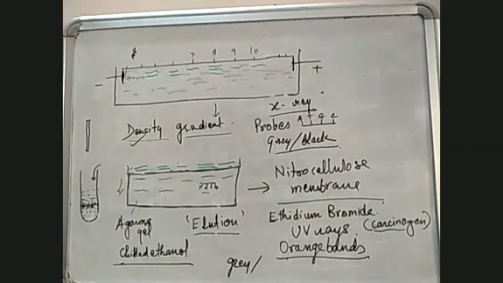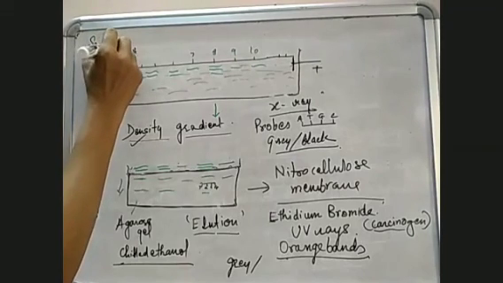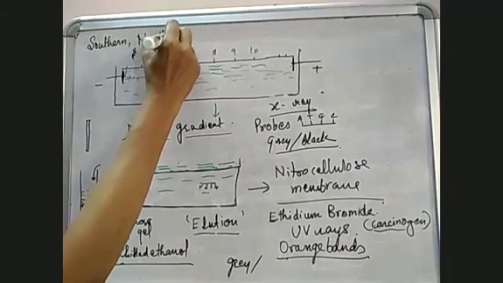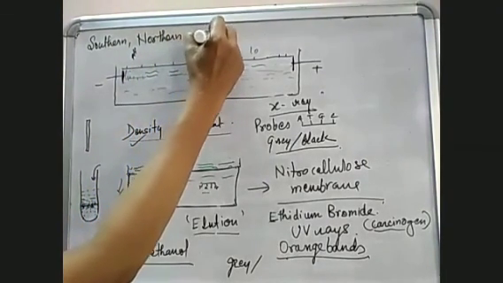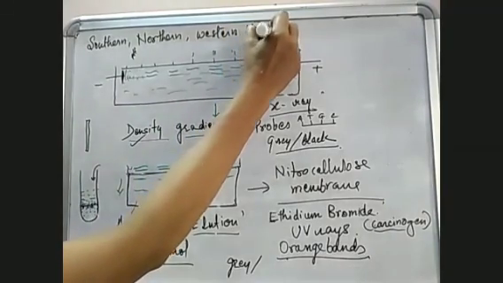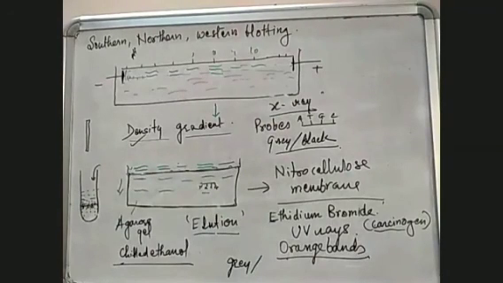You must have heard of the terms Southern, Northern, and Western blotting. There are three terms which are used in biotechnology in the treatment of DNA, RNA, and proteins. So these three terms also I'll tell you tomorrow.